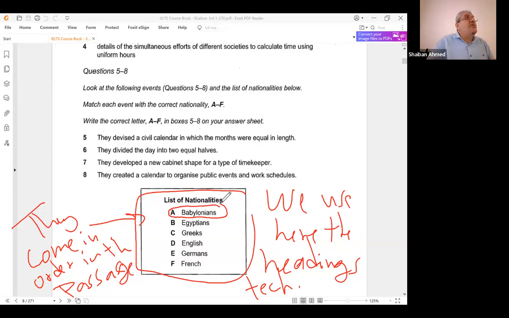When you find the Babylonians, then you come here like the headings technique. You read 5, then 6, then 7, then 8. Then you make a tick about Babylonians. Then Egyptians. You read about Egyptians, what did they do, then you come here and tick, and you finish the story.